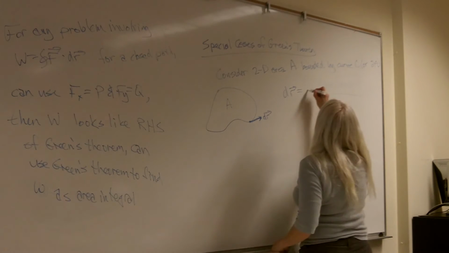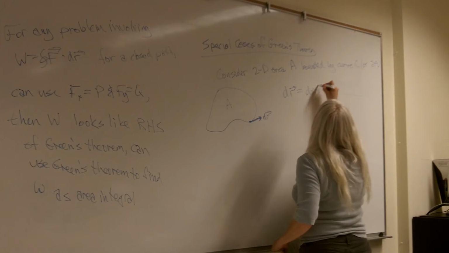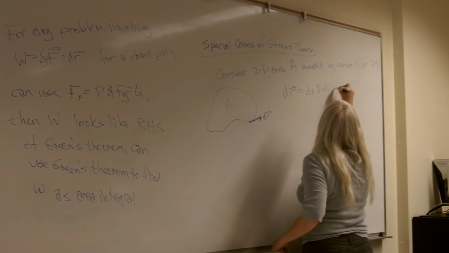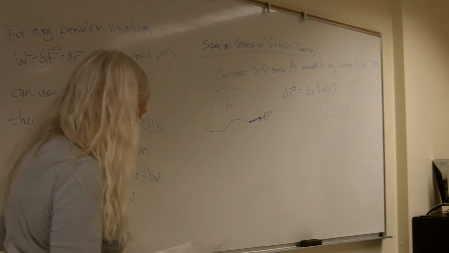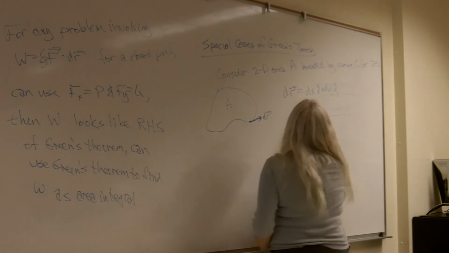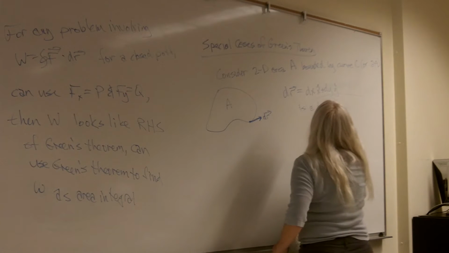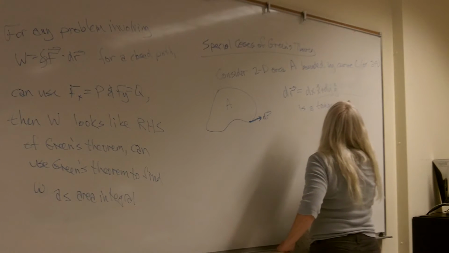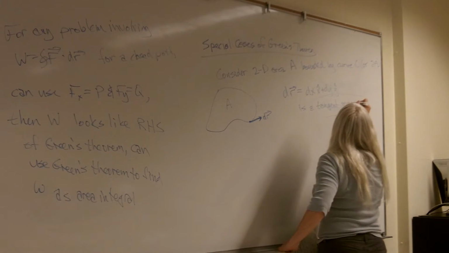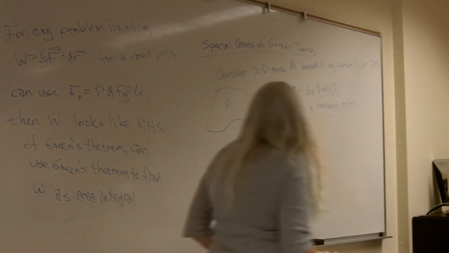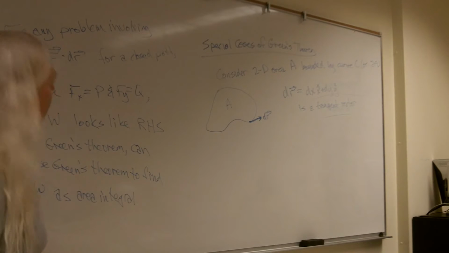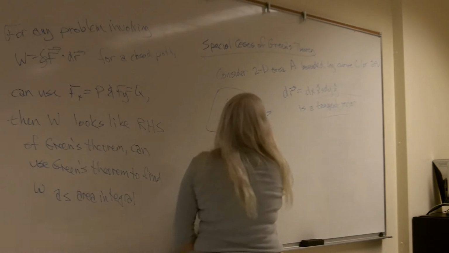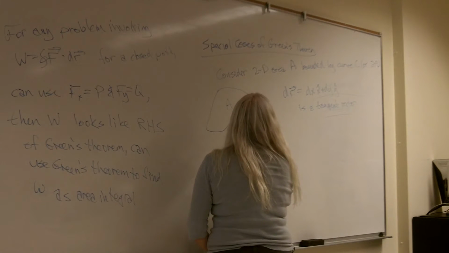So if we want to write it in terms of components, its components are also infinitesimal in length, so we can write it as dx times x hat plus dy times y hat. So this is, again, a tangent vector to the surface.